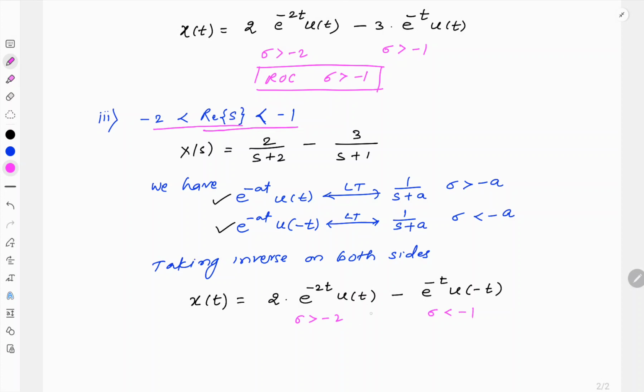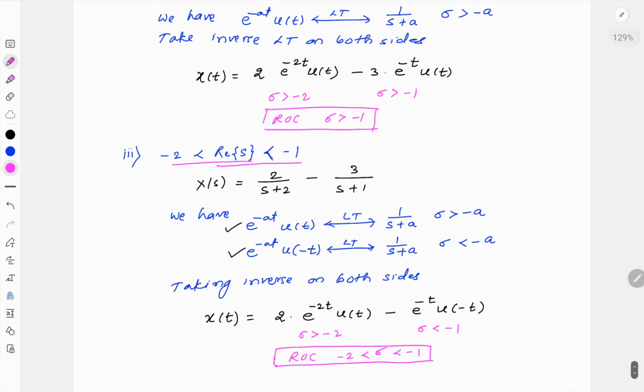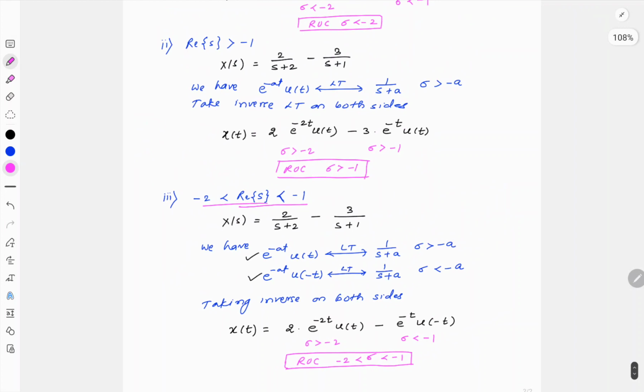So here if you look at the RoC, we have sigma less than minus 1 and greater than minus 2. So the common region between these two will be minus 2 less than sigma less than minus 1. So RoC is between minus 2 and minus 1. So in this way we can obtain the inverse Laplace with different conditions for RoC.